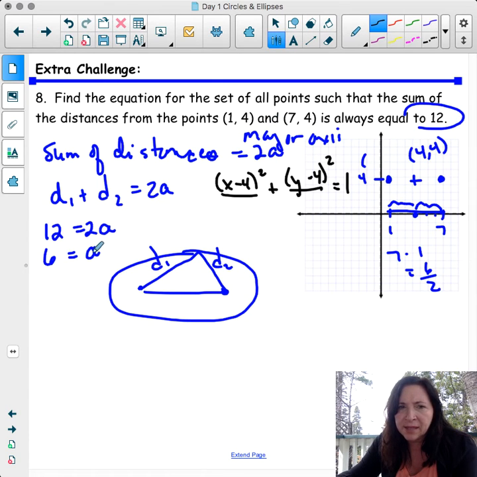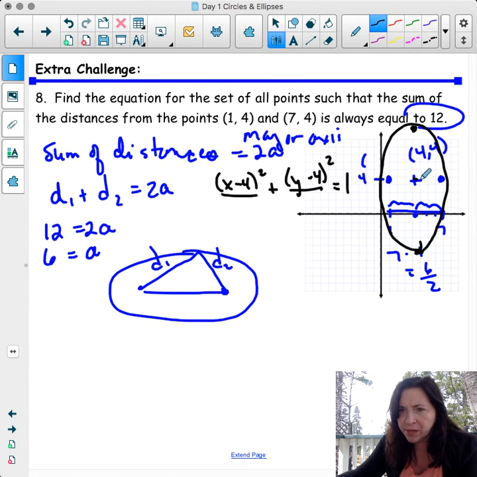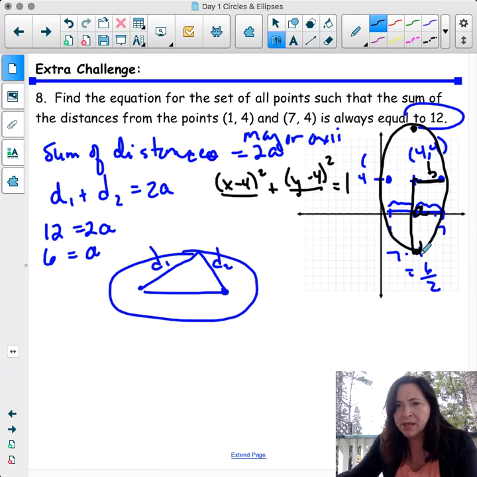We know that a is equal to 6. So that means the distance from here to here is 6, but that's not 6. So that means my equation has to look something like this, because from here to here is my a value. This is not enough distance for a.